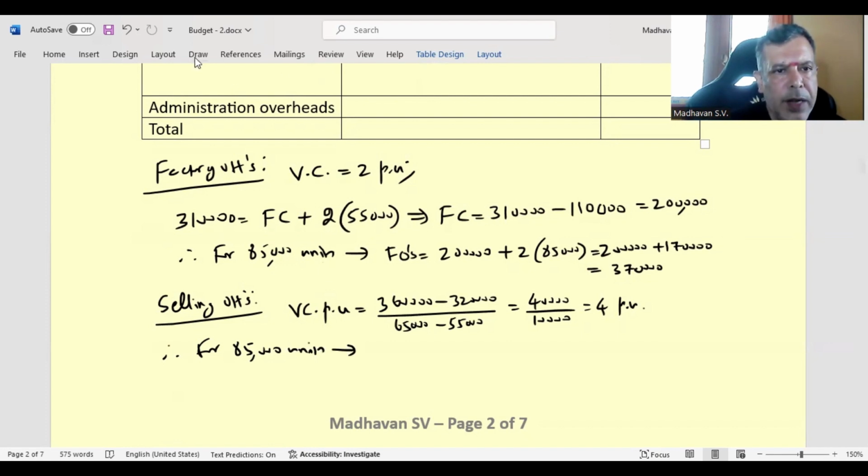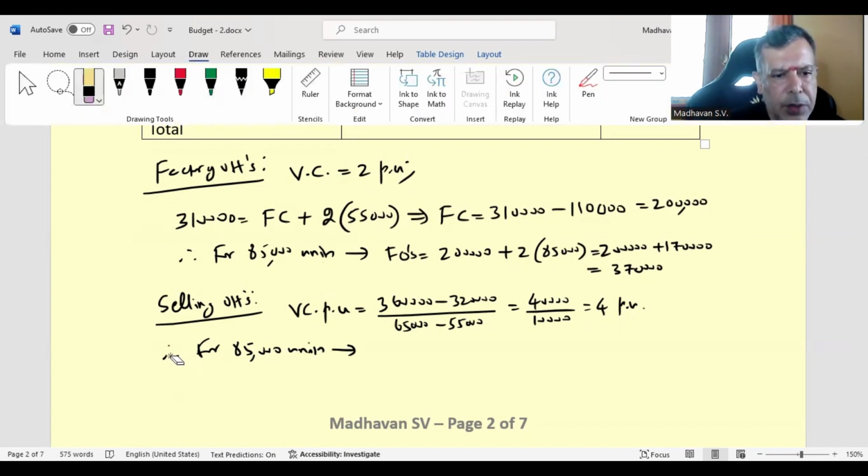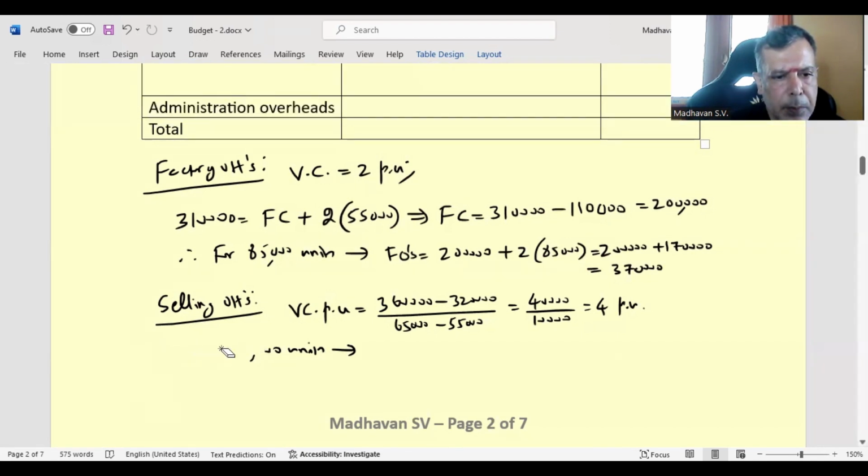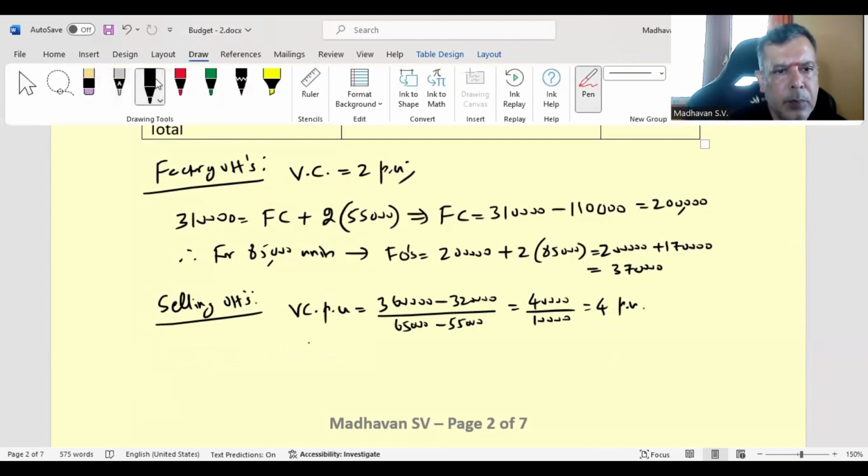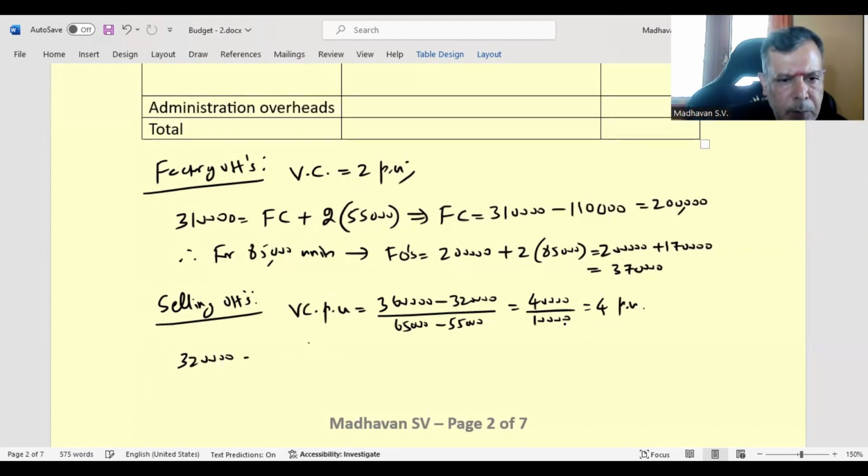or rather we will have to find out first what is the component of fixed cost. So 3,20,000 is equal to fixed cost plus 4 times 55,000, which means our fixed cost will be 3,20,000 minus 2,20,000.